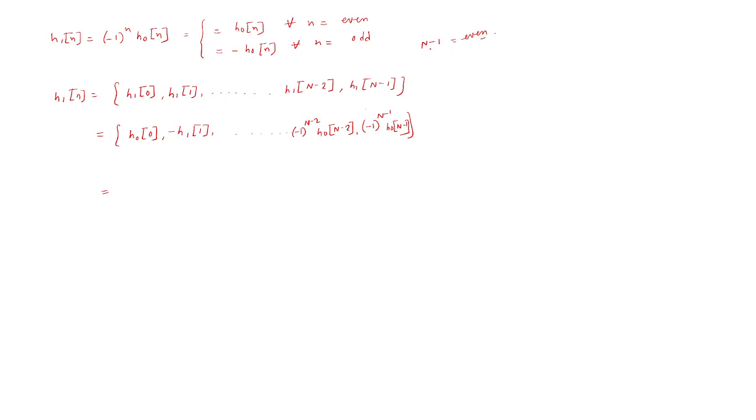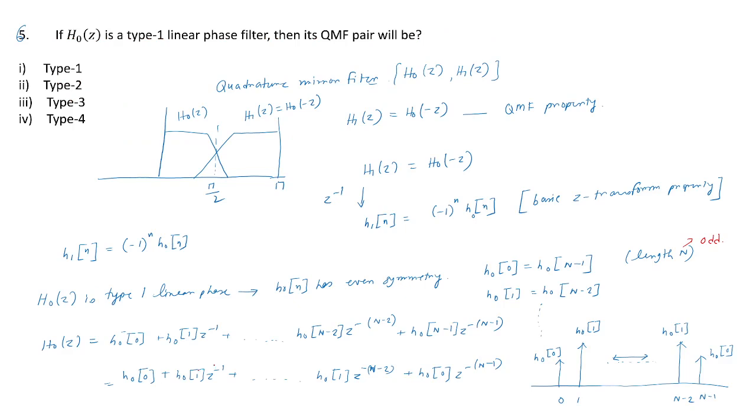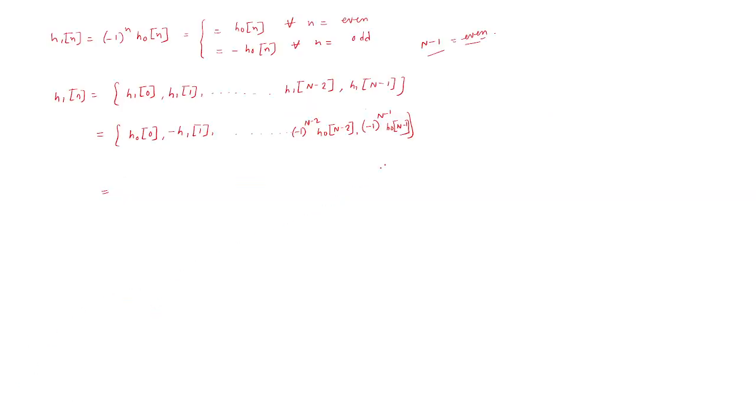And since n minus 1 is even, because for a type 1 filter the length n is odd, therefore n minus 1 is an even number, therefore it becomes h naught of 0 minus h1 of 1 and so on.